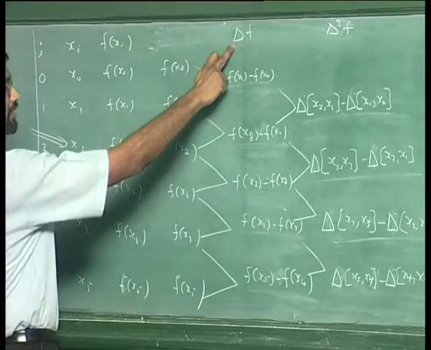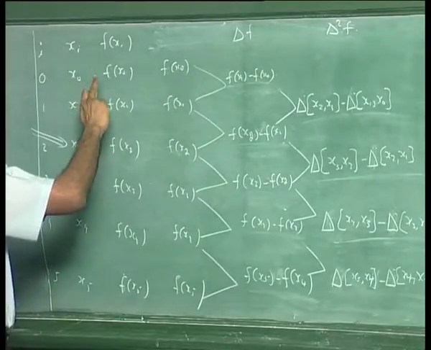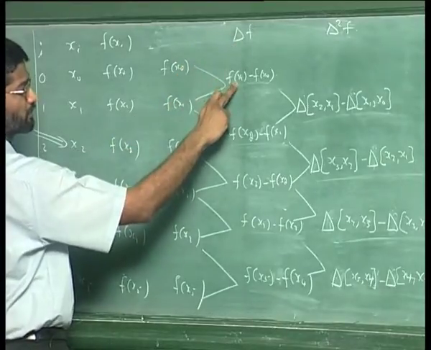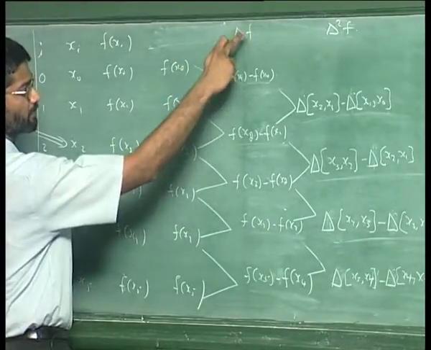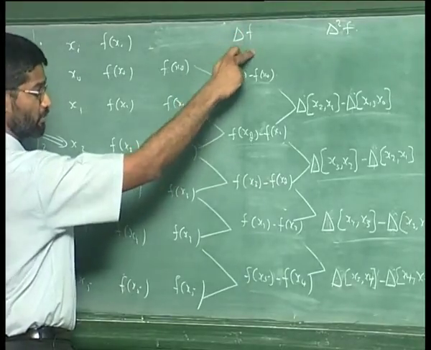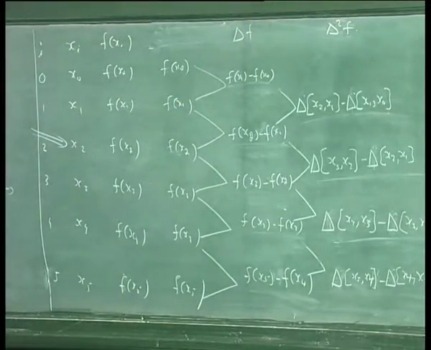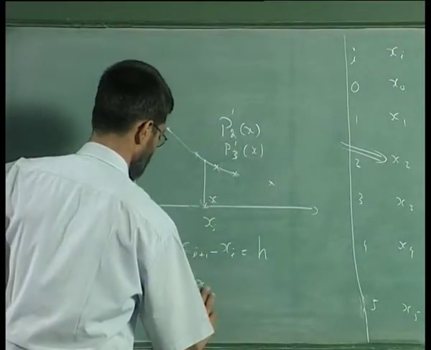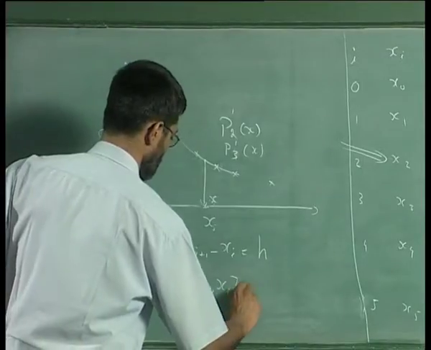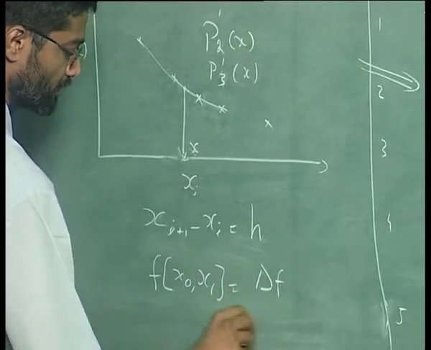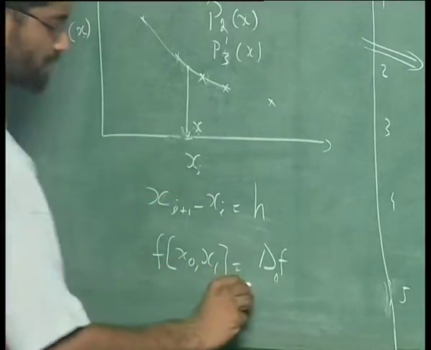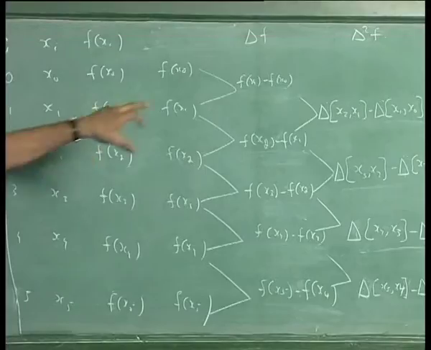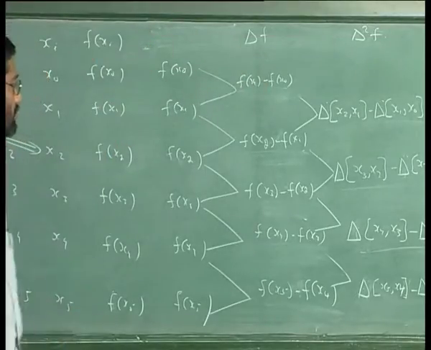So del f is related to the coefficients of the Newton's form by saying that f of x1, x0, for example, will be del f0 divided by h. Now we entered this at 0, so del f0 divided by h. So we have to divide this by h to get that coefficient in the polynomial.